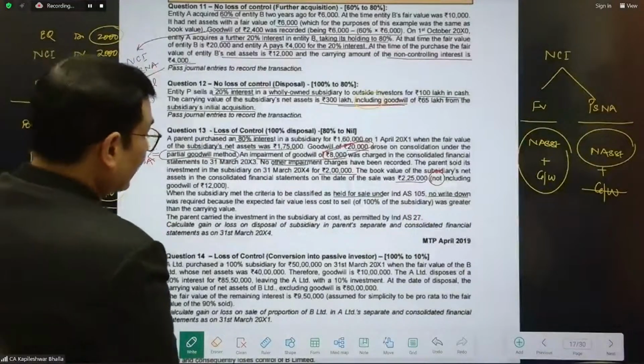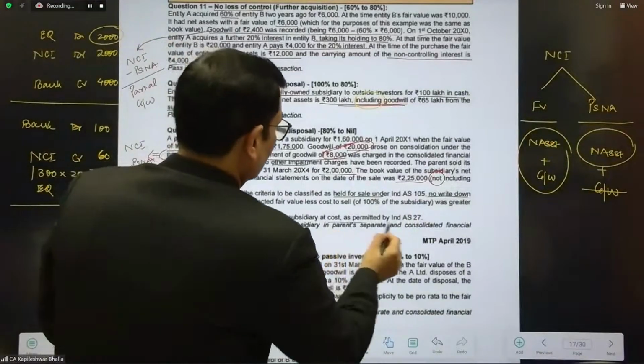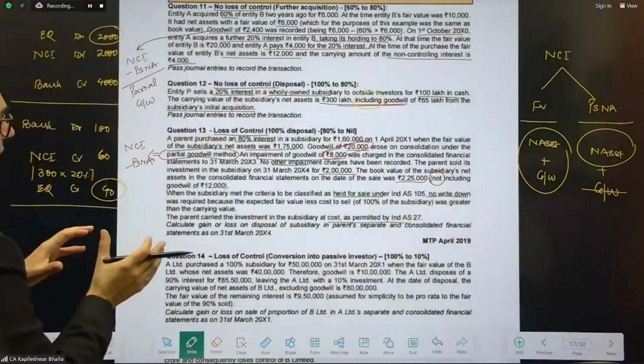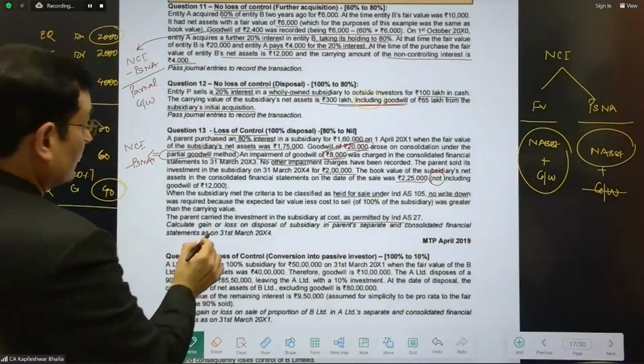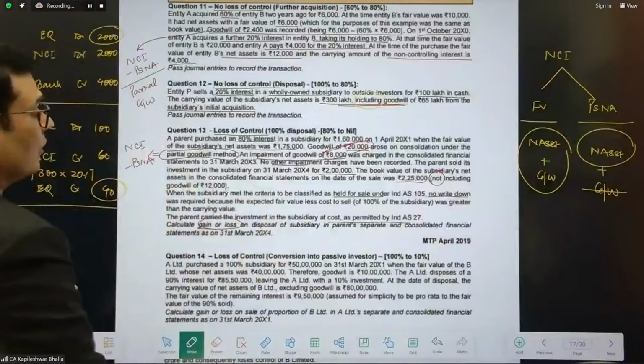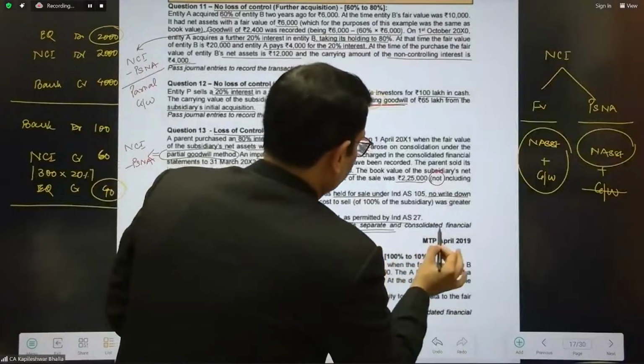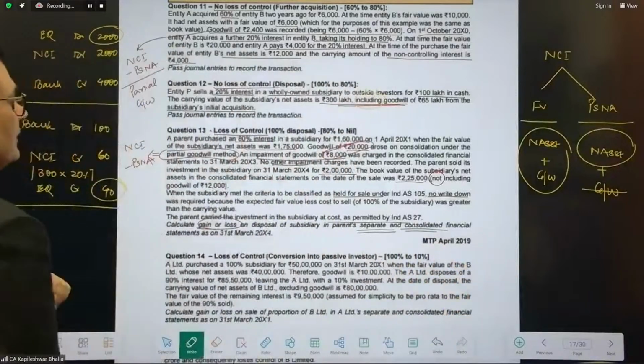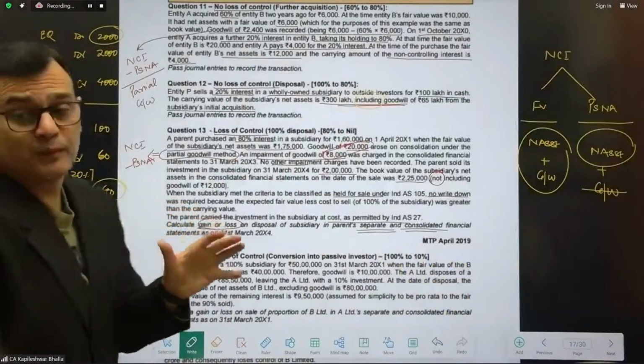The parent carried the investment in the subsidiary at cost as permitted under Ind AS 27, that is for the separate financials. We need to calculate the gain or loss on disposal in the parent's separate and in the consolidated financials. Okay, now that is a good one.